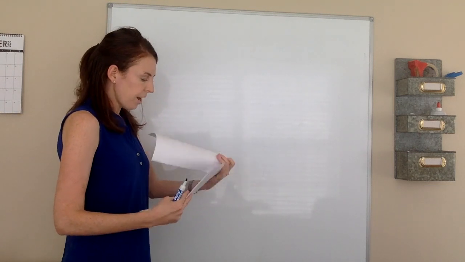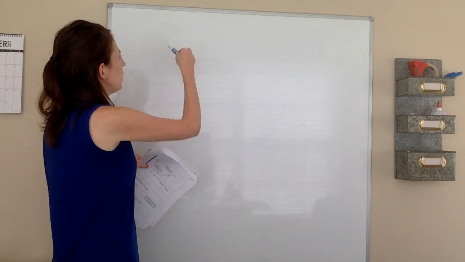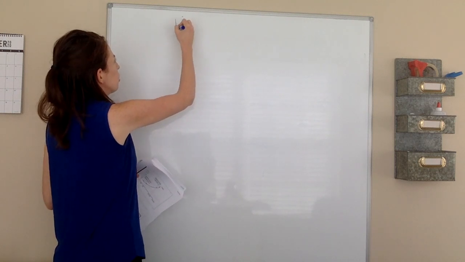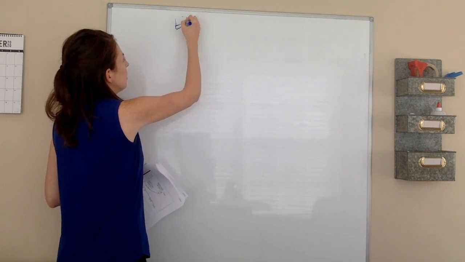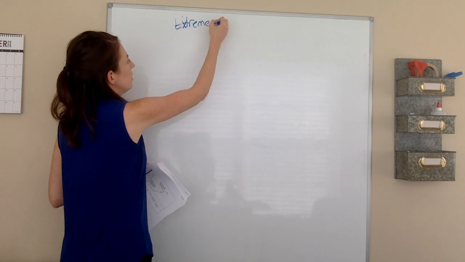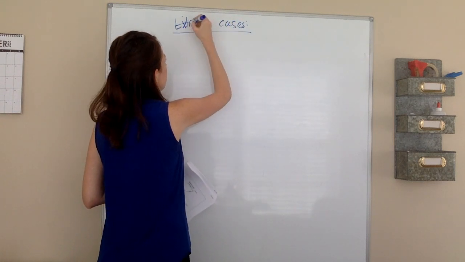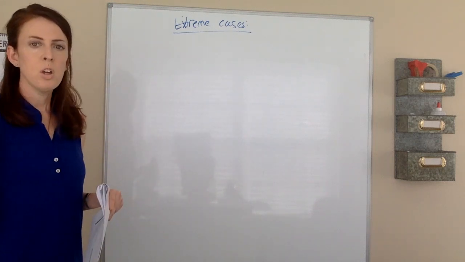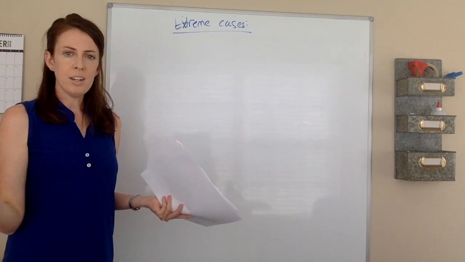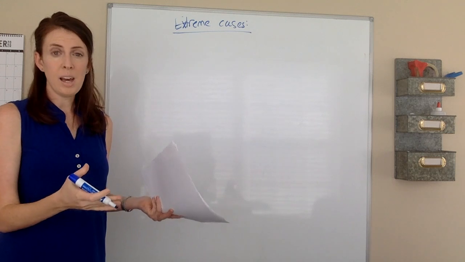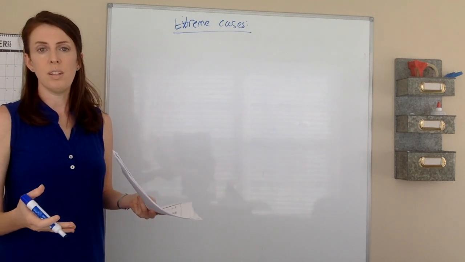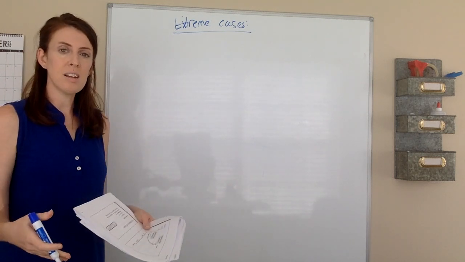And then the final stack up is we can think about the extreme cases when we're considering price elasticity of supply. So what we're thinking about here is, in the demand world, we had a perfectly elastic demand, we had a perfectly inelastic demand, we had a unit elastic demand.